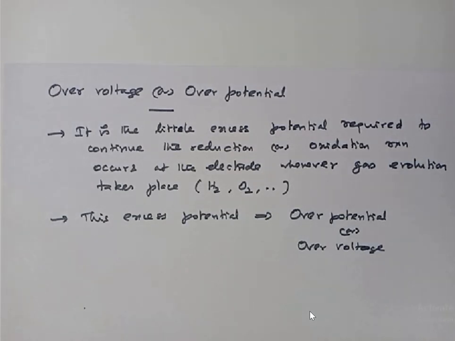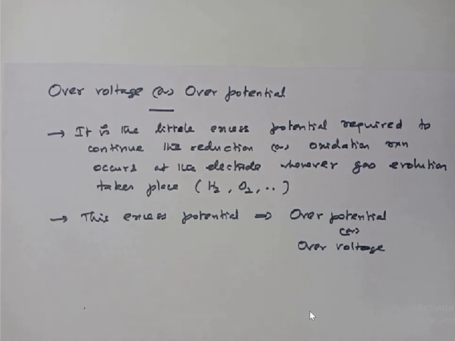Now this over potential depends on the electrode that we use, and it also depends on the gas that is evolved. Let me give the over voltage for a few electrodes, and how the over voltage changes depending upon the gas.